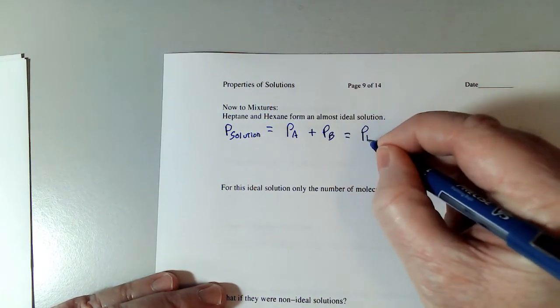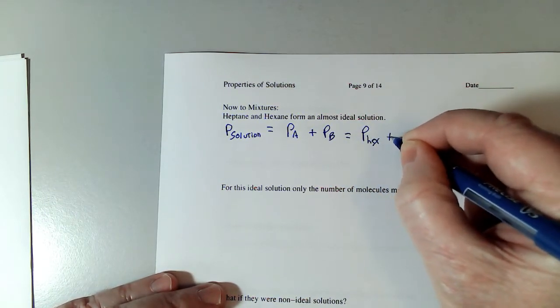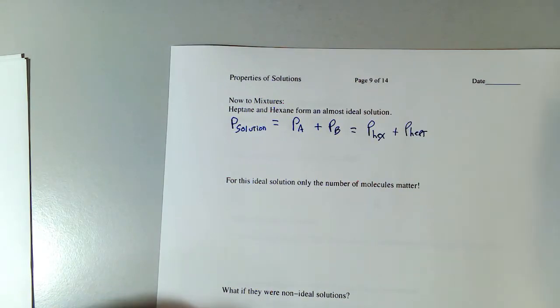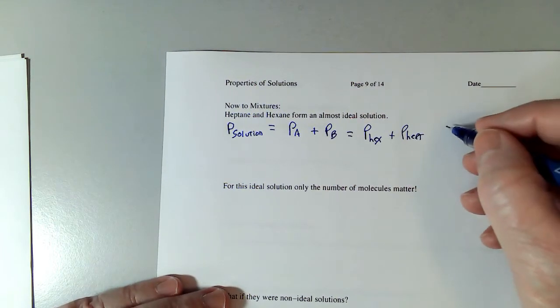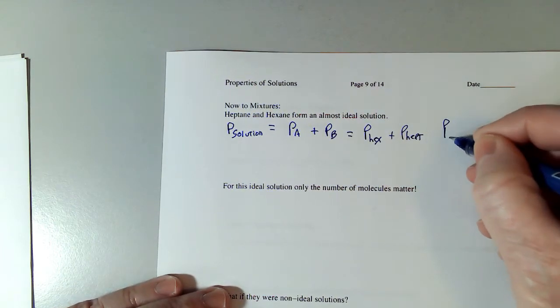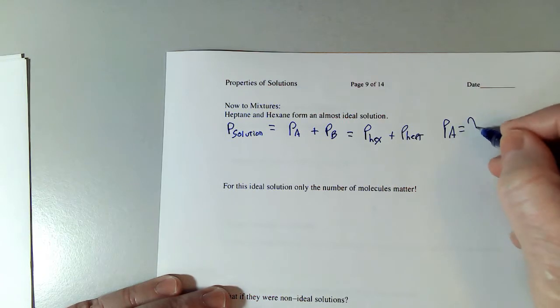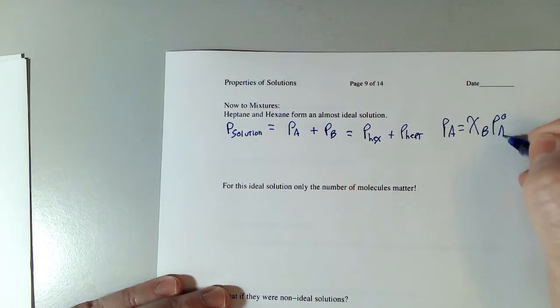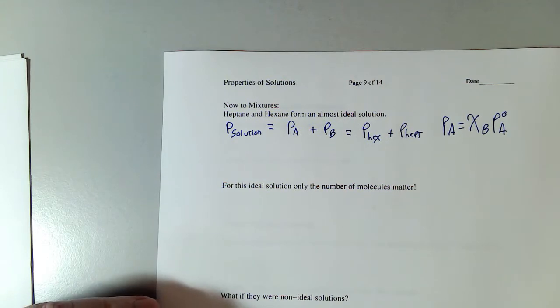We'll call that P hex and P hept. Okay? Pretty straightforward idea. And that vapor pressure of A is equal to the mole fraction of A times the vapor pressure of pure A.